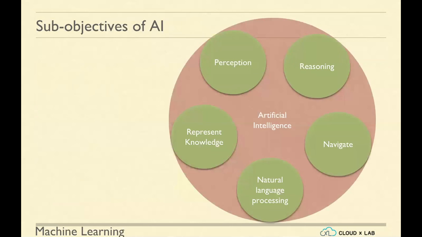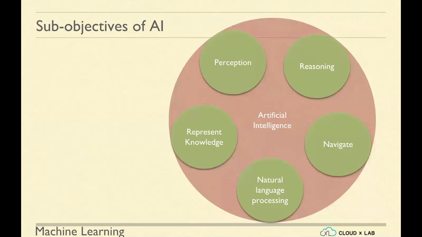These five things: perception, reasoning, navigation, and NLP, along with representing knowledge, are the sub-objectives of AI. AI is a definition, an objective, not a technology. Therefore, when I say it's an AI system, it means that it seems to behave like animals or people.